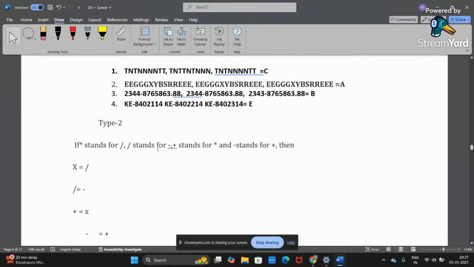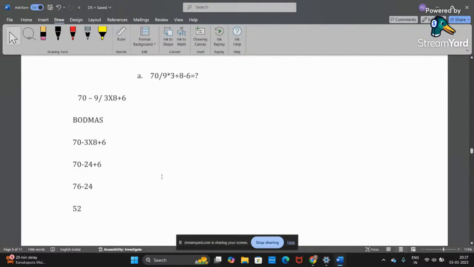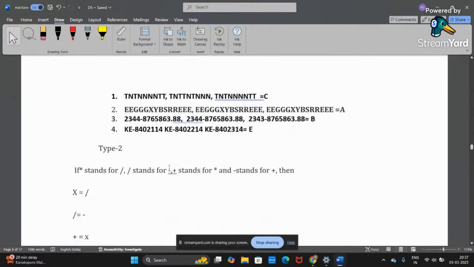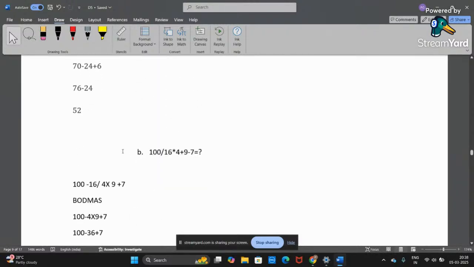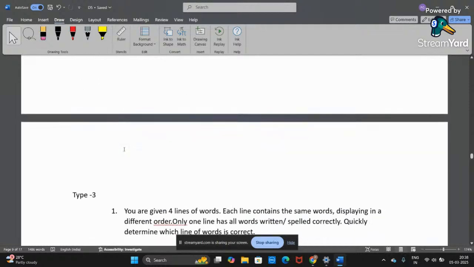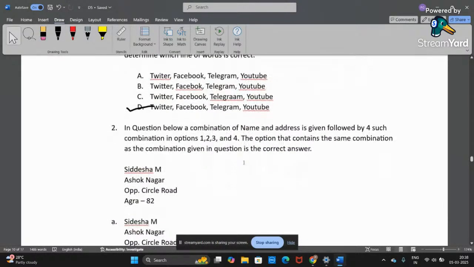In that they are going to tell, for example, that the star stands for division. At that time, what you have to do: star means multiplication, so we have to change this multiplication into division. Then every condition they have given here, we have to apply on the problems. Then we have to solve and get the answer. This is one type. And the other type is they'll just give the data and ask us to find out the correct one or the wrong one.